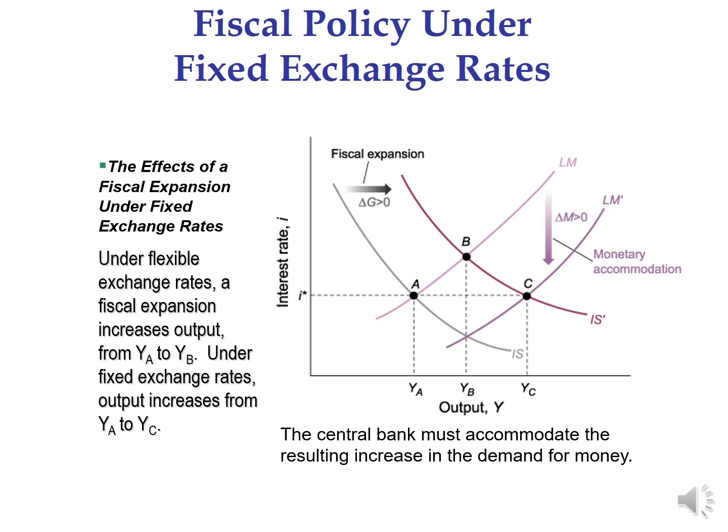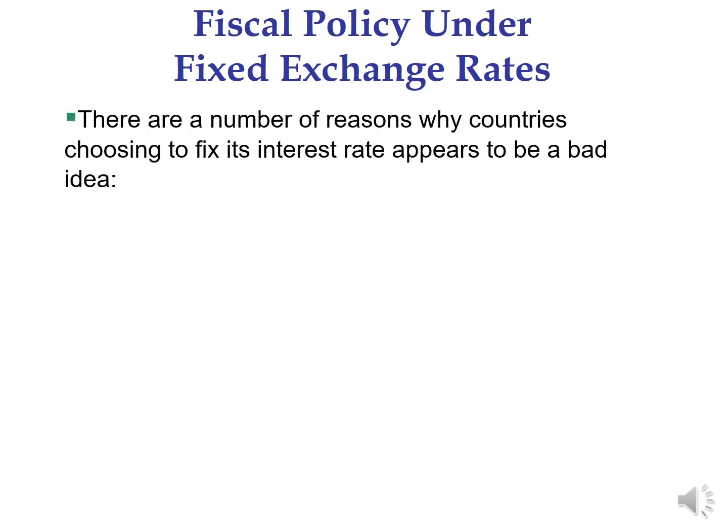Under flexible exchange rates, a fiscal expansion increases output from Y1 to YB. Under a fixed exchange rate, output increases from YA to YC. So the central bank must accommodate the resulting increase in the demand for money. There are a number of reasons why a country choosing to fix its exchange rate appears to be a bad idea.